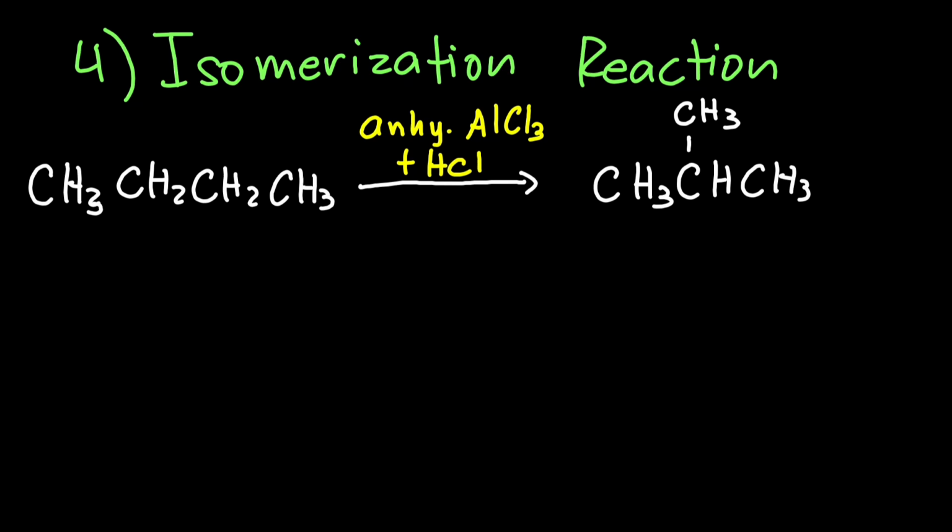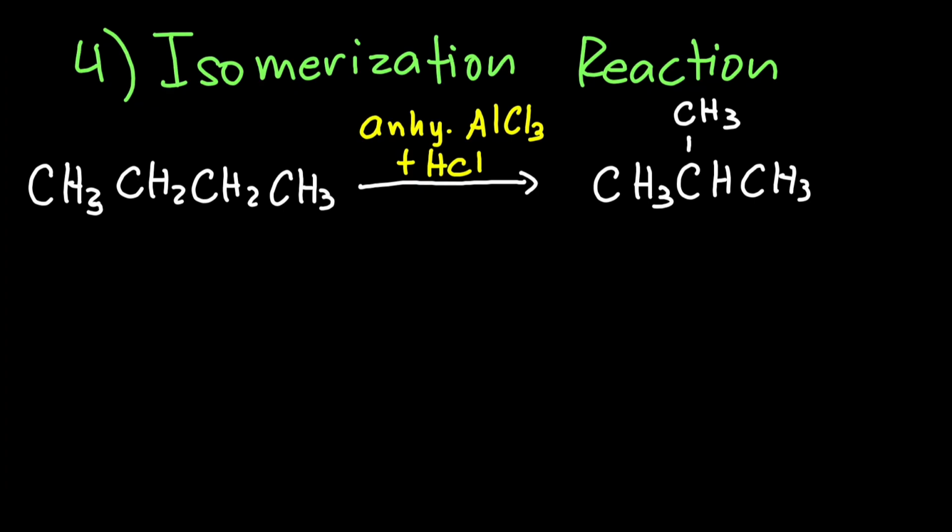Last one would be the isomerization reaction. It is where you would transform a straight chain alkane into a branched chain alkane under the presence of anhydrous aluminum chloride plus hydrochloric acid.